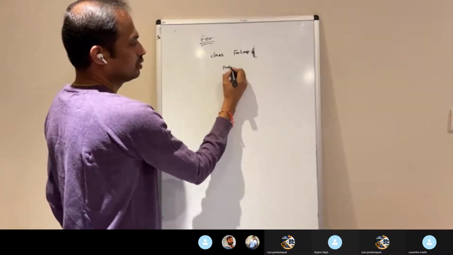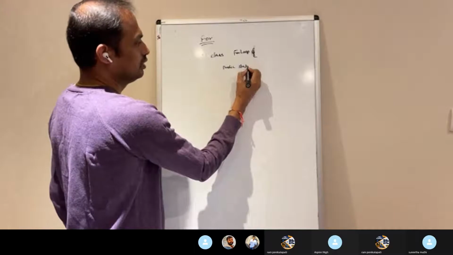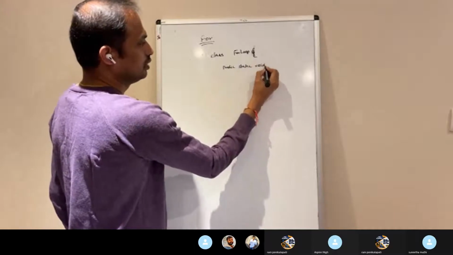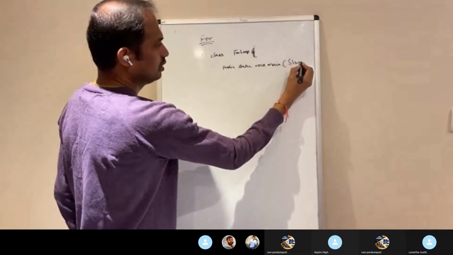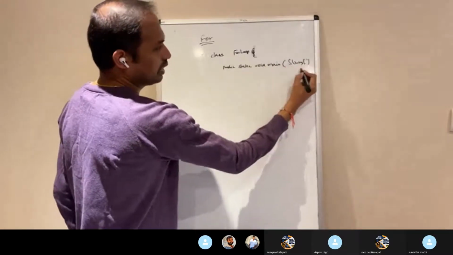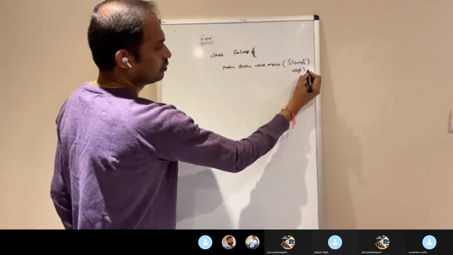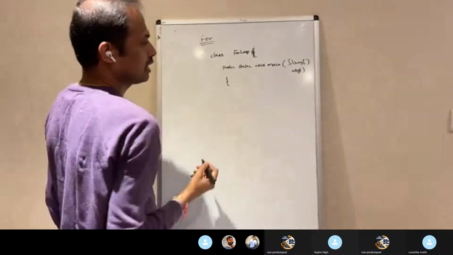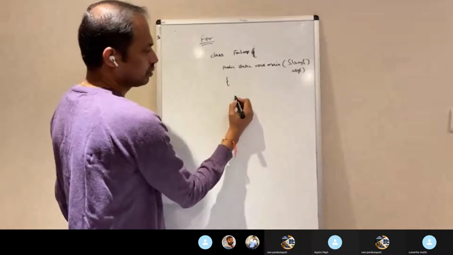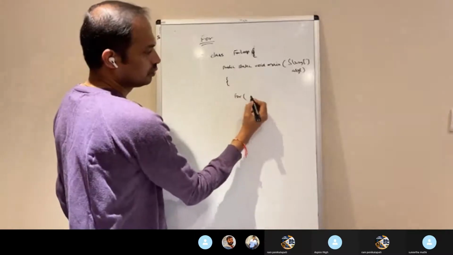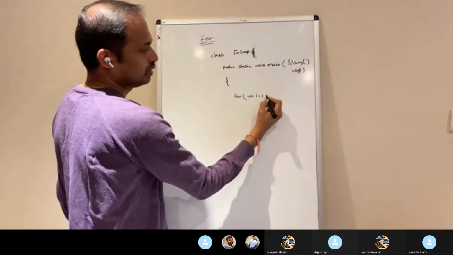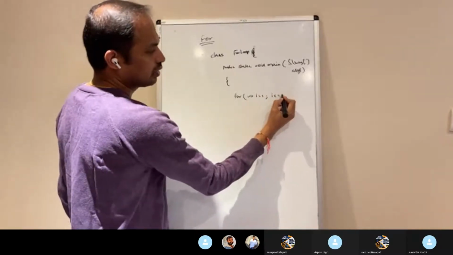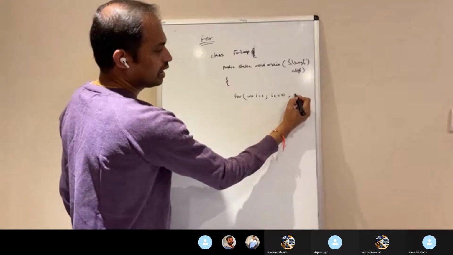Public static void main, String, can keep like this or args. So here it will start. Then what we need to write? For loop. For int i is equal to 1, i less than or equal to 10, i plus plus.